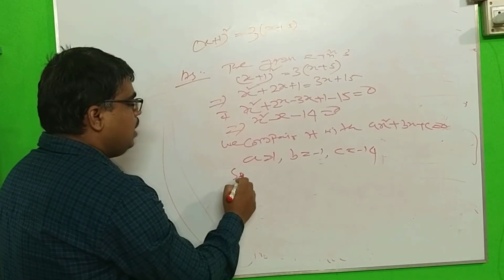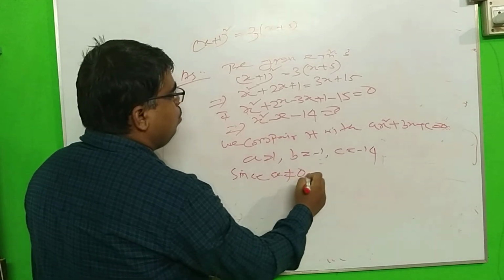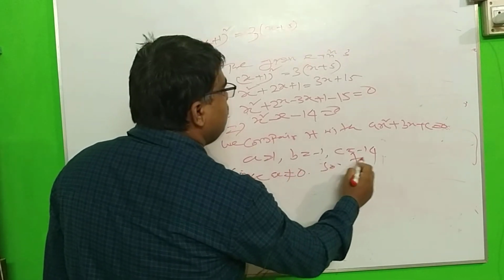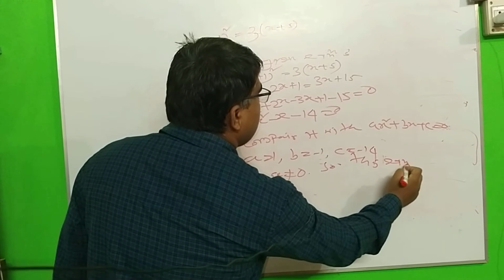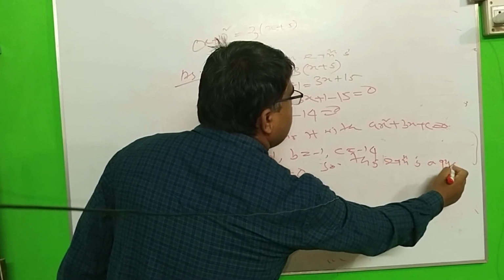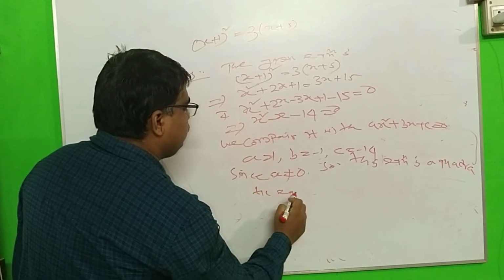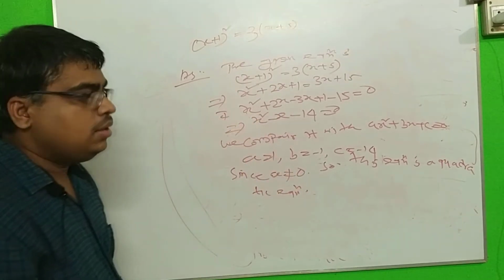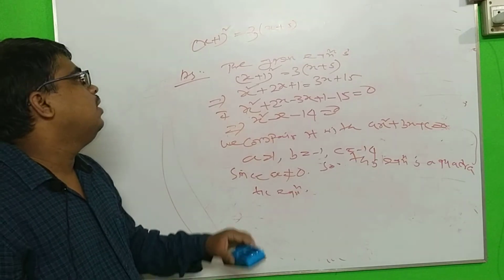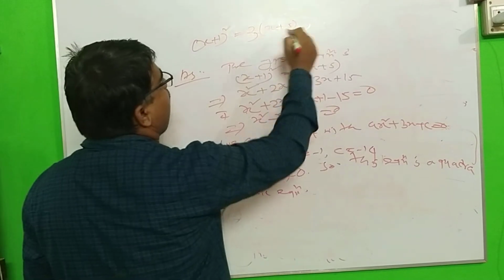Since a not equal to 0, so this equation is a quadratic equation. Okay, is it clear?